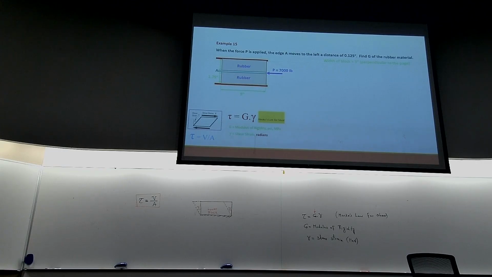Are some of the numbers hard to see? The green ones? Yeah, that just says that the width of this figure into the screen is 3 inches. And horizontally 9 inches, and the height of each block is 1.75 inches.